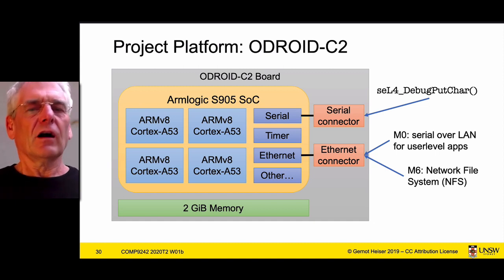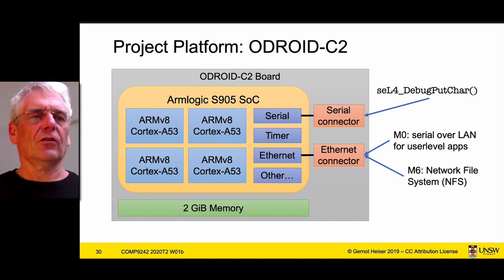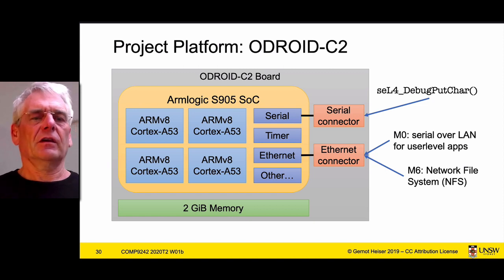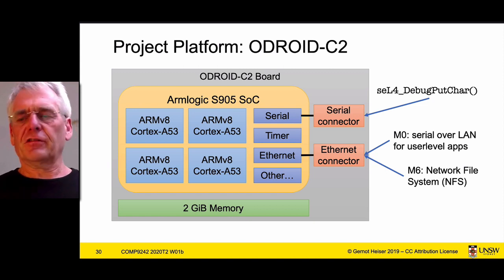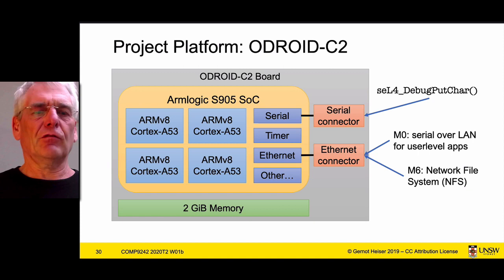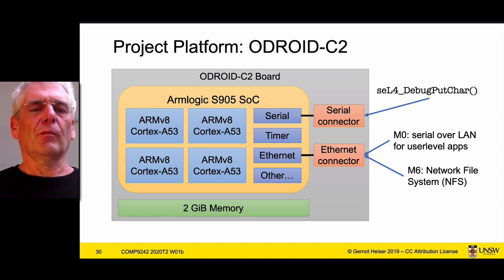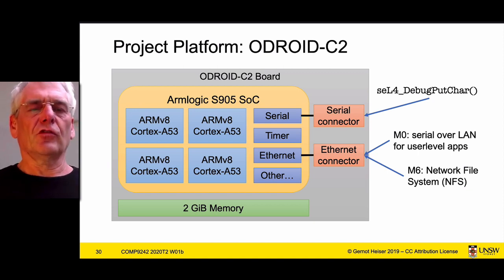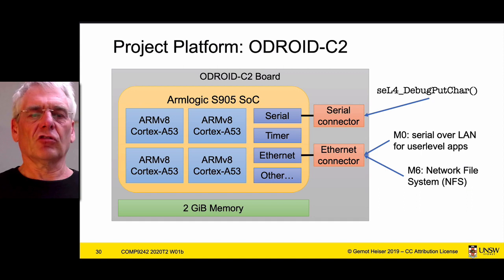You are doing your project on this Odroid C2 platform, which is a quad-core ARM A53 processor. It has a whole bunch of devices. Most of them are totally irrelevant for you. The ones you need to worry about are the serial port, which is used for debugging, and a timer, which is used by the kernel for enforcing budgets.